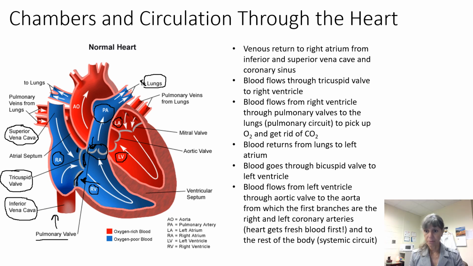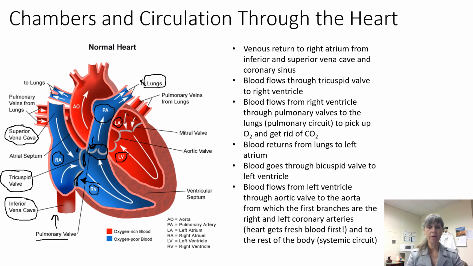Now, blood is not blue, even venous blood or oxygen poor blood. It's that it has a darker appearance normally because arterial blood or oxygen-rich blood has more oxygen bound to hemoglobin, and that actually gives it a bright red color.